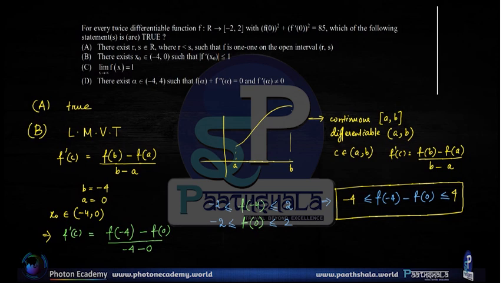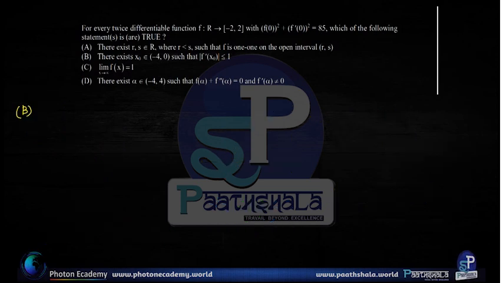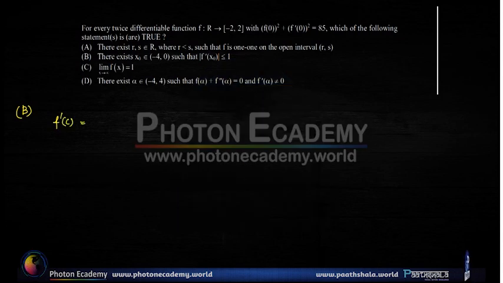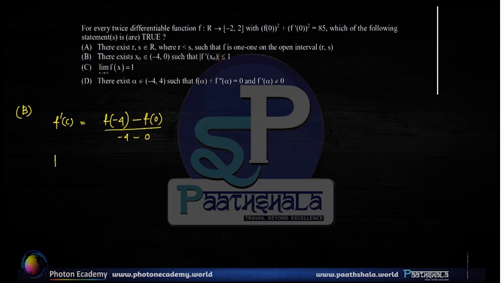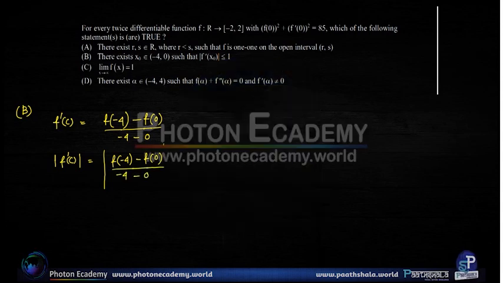Putting the value, we have f dash c is equal to f of minus 4 minus f of 0 divided by minus 4 minus 0. Then the mod of f dash c is equal to the mod of f of minus 4 minus f of 0 divided by minus 4 minus 0.